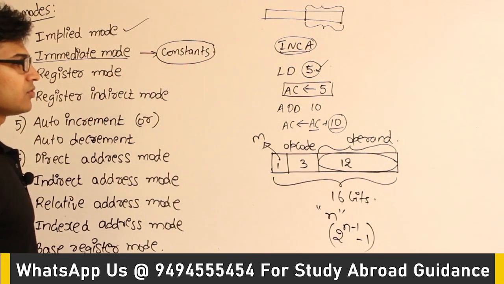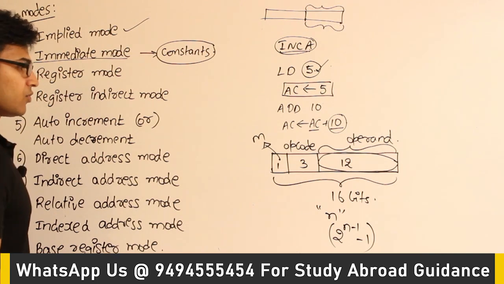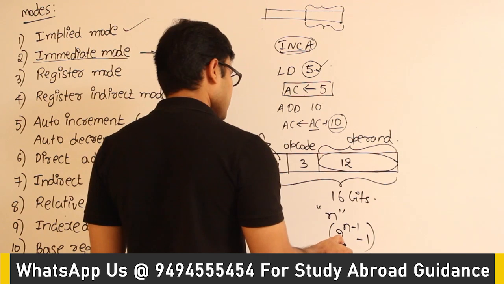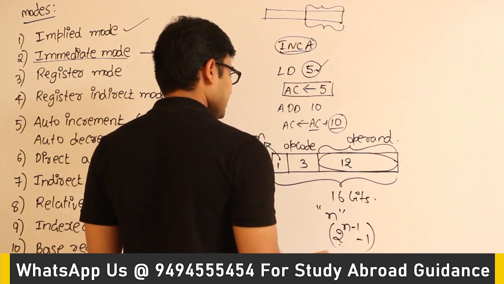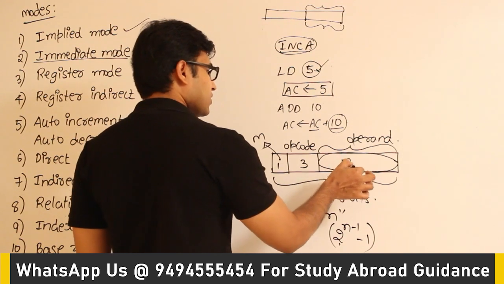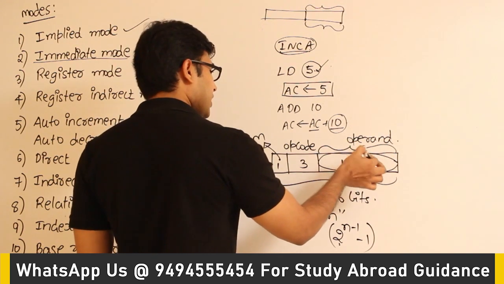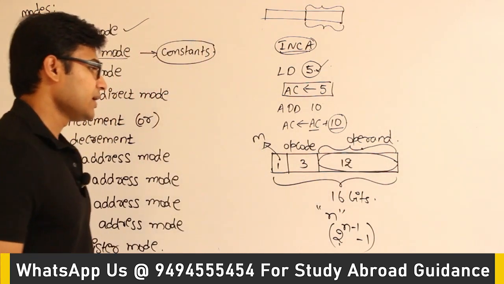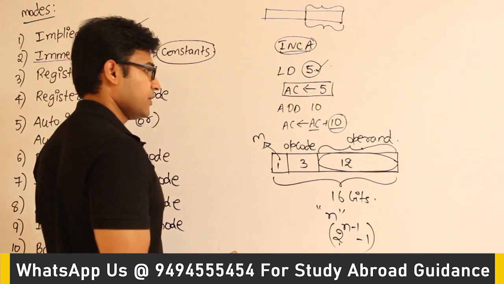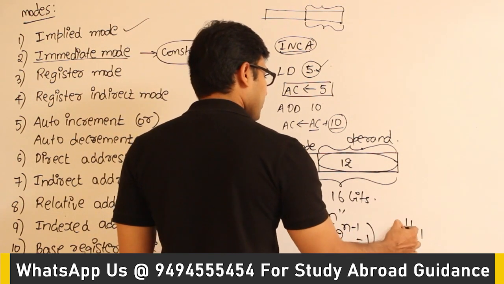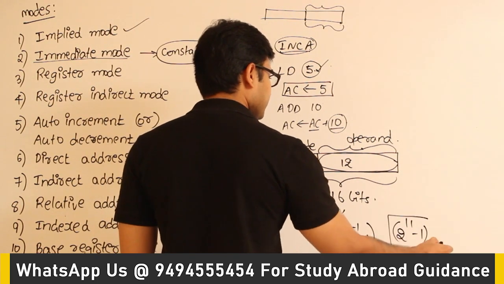There we have discussed what is 2's complement, what is 1's complement and all, and the maximum positive number that is possible using n bits in the 2's complement number system is 2 power n minus 1 minus 1. So in this case 12 bits are dedicated for the operand, and they have already specified that there is only one operand. Got it? In case there is only one operand, then what is the maximum value possible? It is 2 power 11 minus 1. This is the answer. Got it?